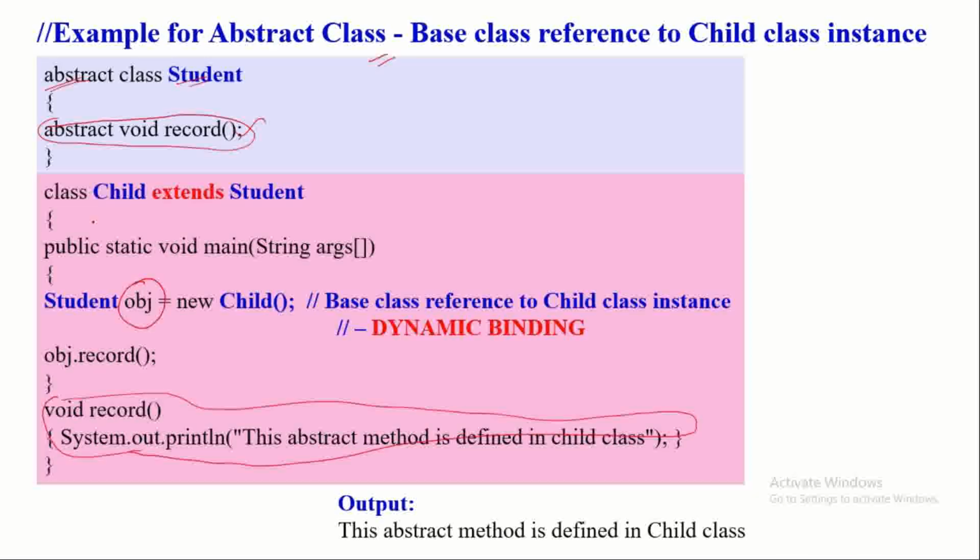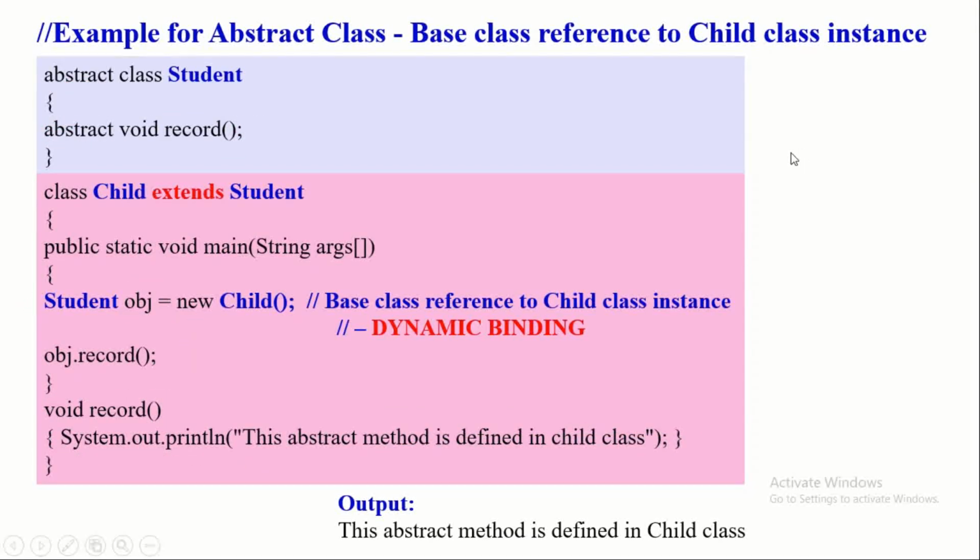But the important point we are going to learn in this example is that a reference to the base class can be created, and that reference may be pointing to the object of the child class. Now the reference to the base class is pointing to the object of the child class. With this reference, whenever any method is called, the definition which is included inside the child class will be executed.